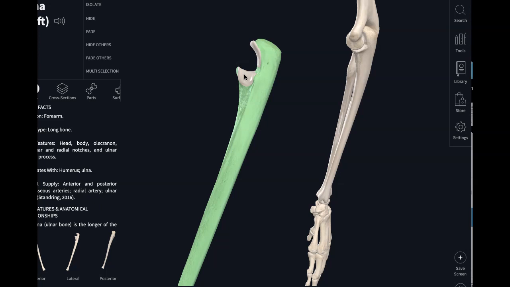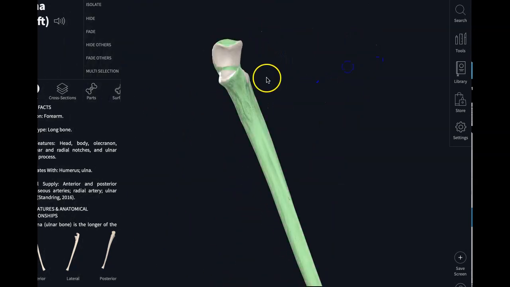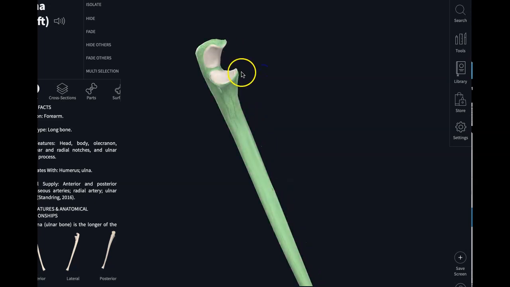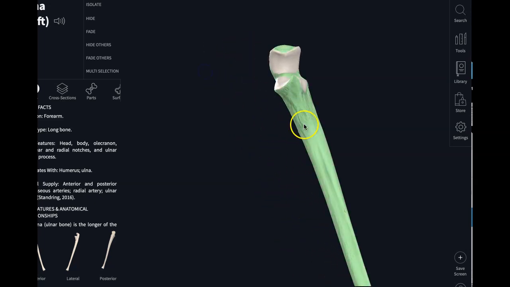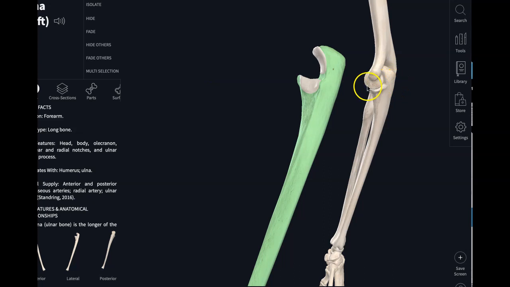The coronoid process. So here's our trochlear notch. This anterior lip of the trochlear notch, you can see it a little bit better, maybe right here. This anterior lip is the coronoid process of the ulna. Remember where it's going into the humerus?